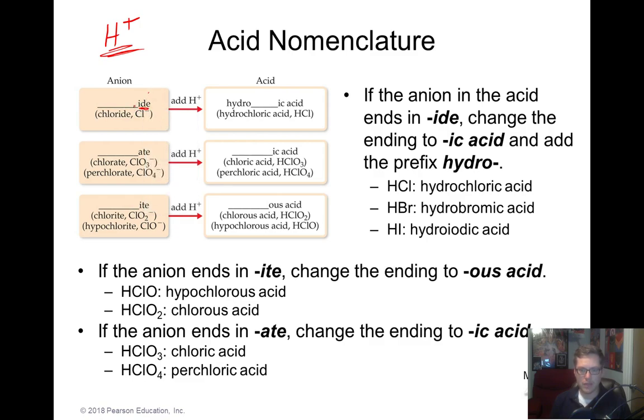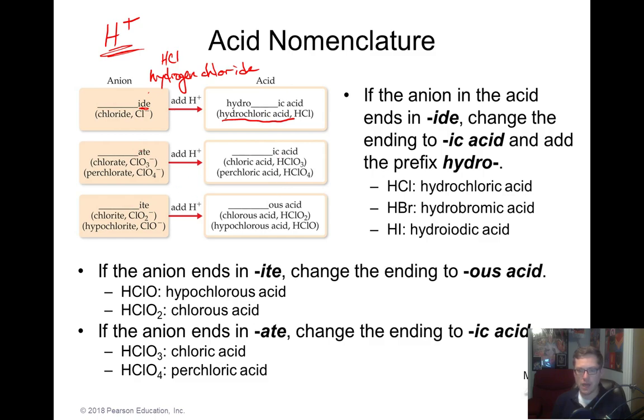But if it has a hydrogen, we know it's an acid, so we name it hydro-, base name of the anion, -ic acid. So HCl, based on the rules we just talked about, would be hydrogen chloride. But that doesn't work because HCl is an acid, so we use the acid nomenclature. Instead of "ide," we change the "ide" to "ic" and add hydro in the front, and so hydrochloric acid is the proper name for HCl.